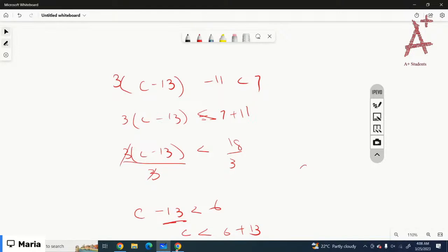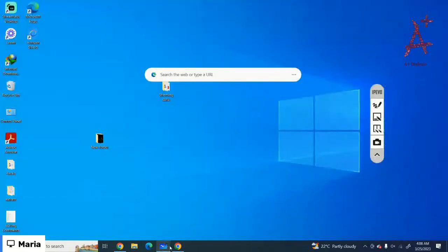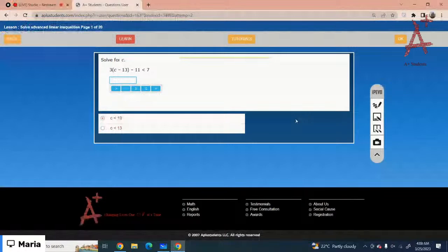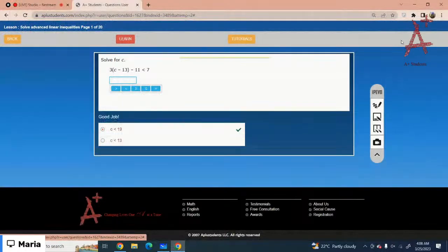So 6 plus 13 makes 19. So c is less than 19. That means the correct option is c less than 19.